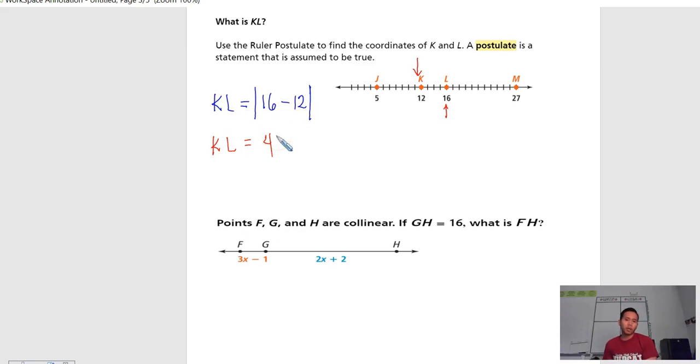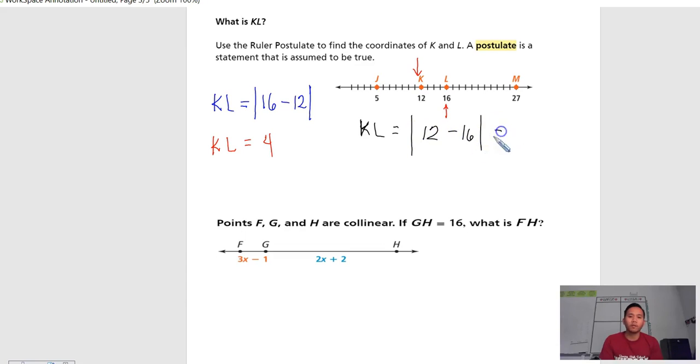Mister, is it possible that I interchange 12 minus 16? Absolutely right. You can switch them, so KL can also be written as 12 minus 16.